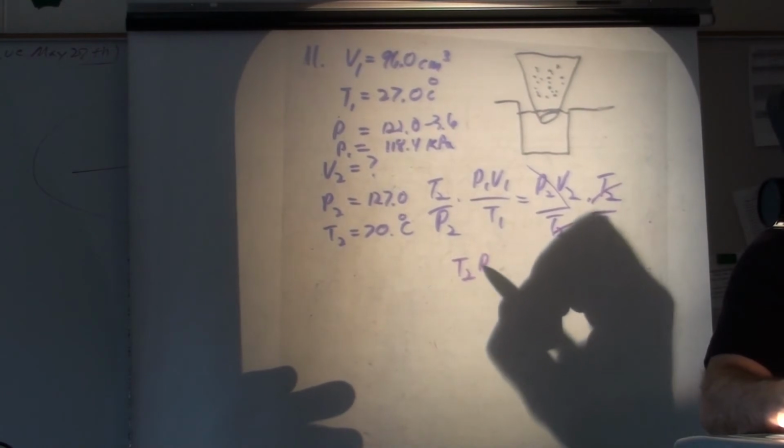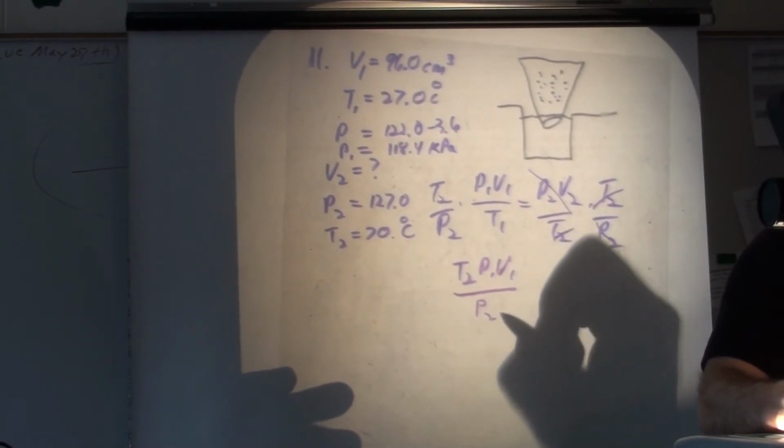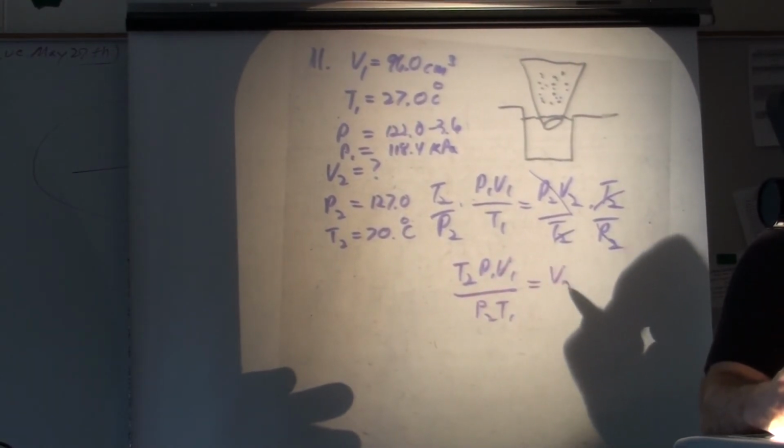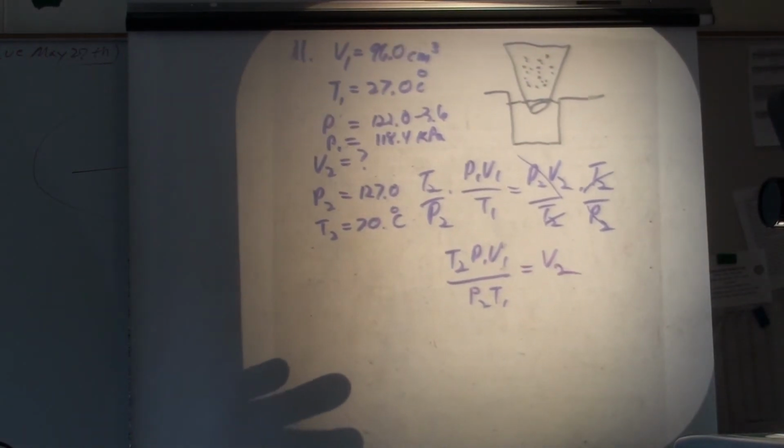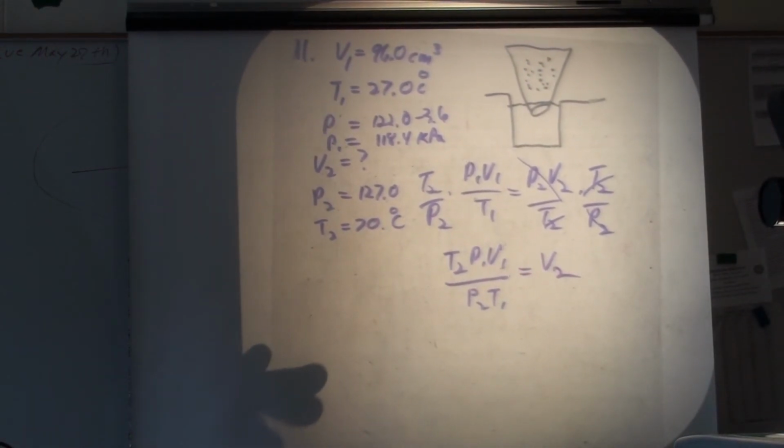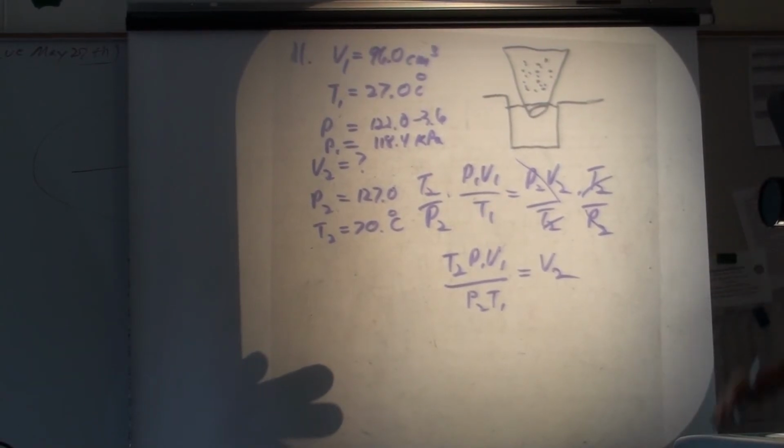So we're left with this. Okay. Now we can plug in our numbers. If I went too fast, you can just watch this over and over again on YouTube. You can slow it down.